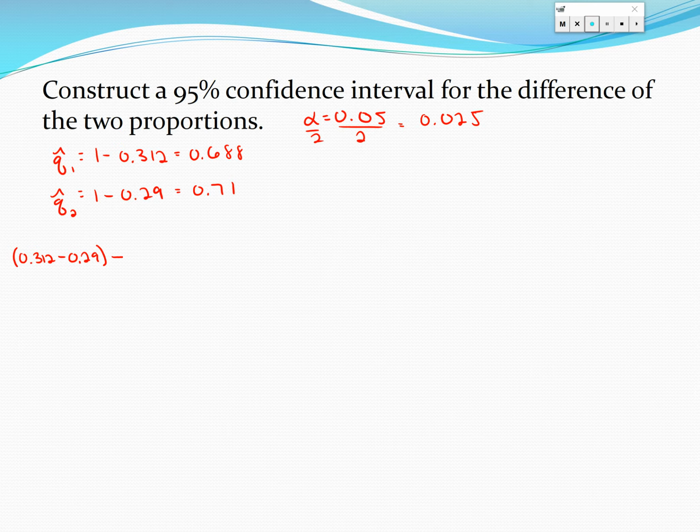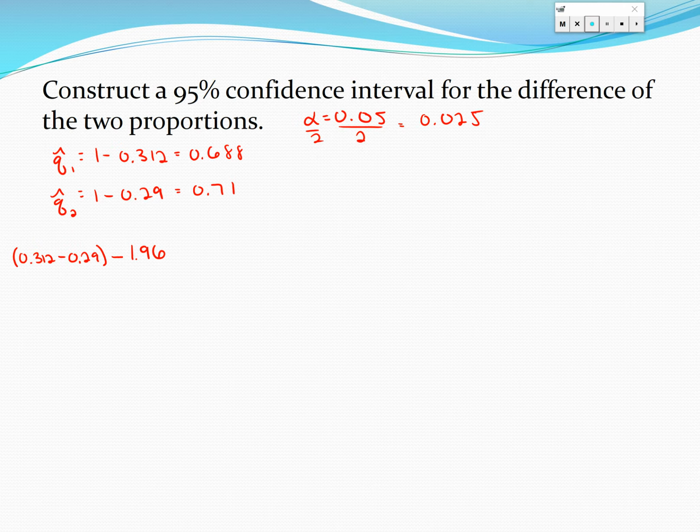Again, this is the same. We didn't do it in this example, the one before it. This is the same thing as finding critical values for a two-tailed z-test. Same thing. So you should come up with 1.96 for your z sub alpha over 2.